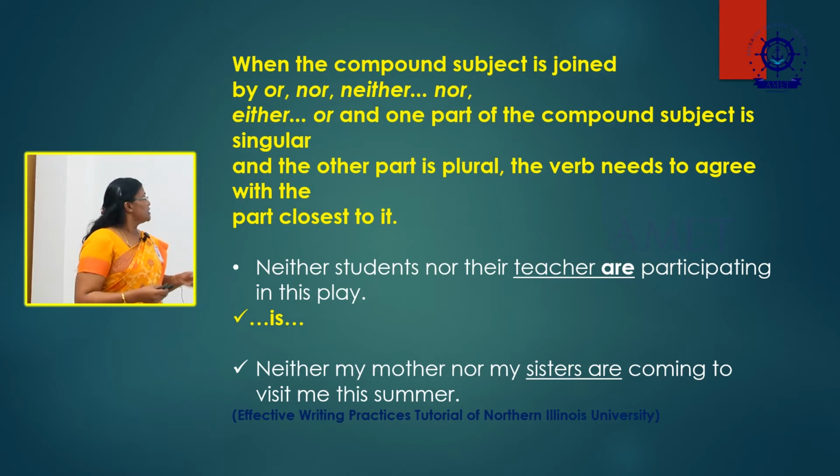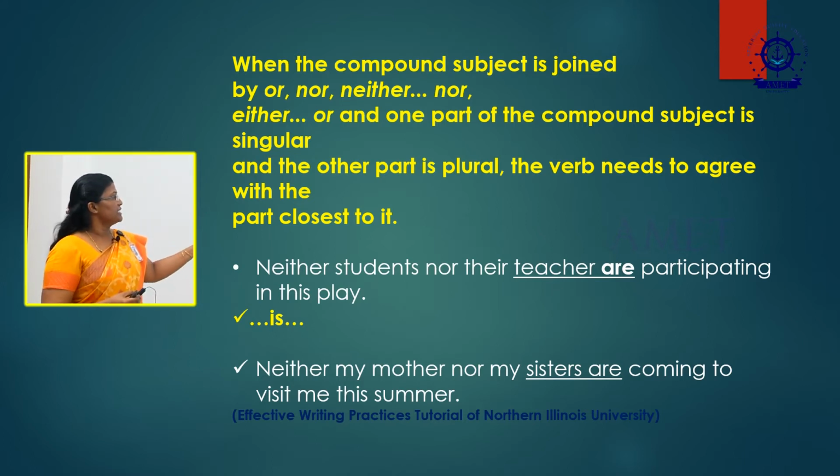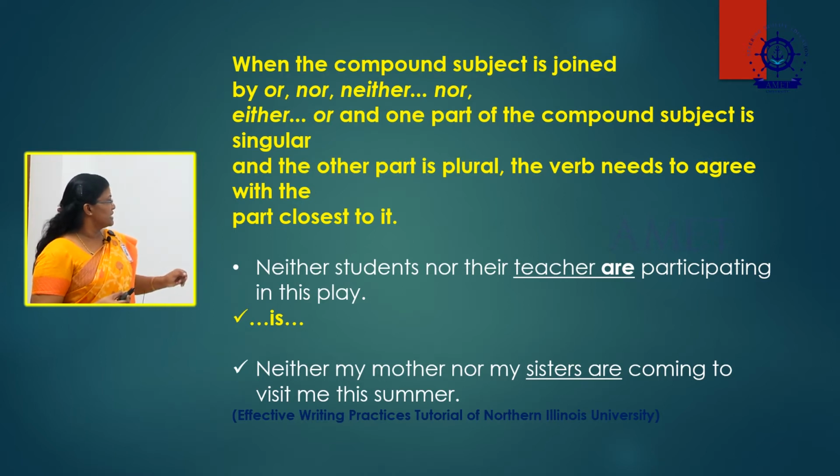For example, neither students nor their teacher are participating in this play, which is wrong because the verb are does not agree with teacher. The verb should agree with the closest subject. The closest subject is teacher. So, the correct answer should be neither students nor their teacher is participating in this play.